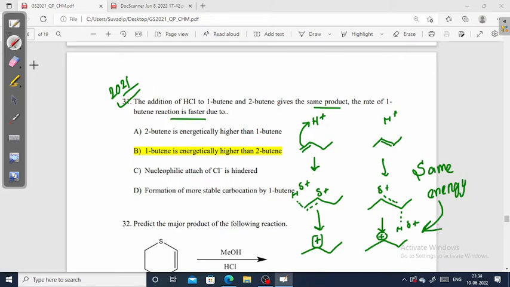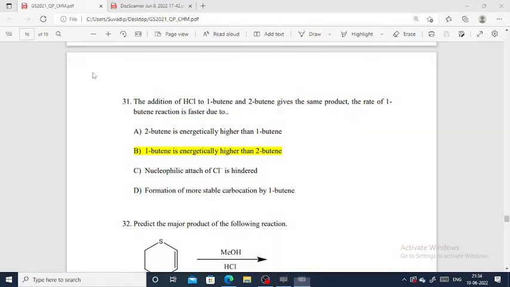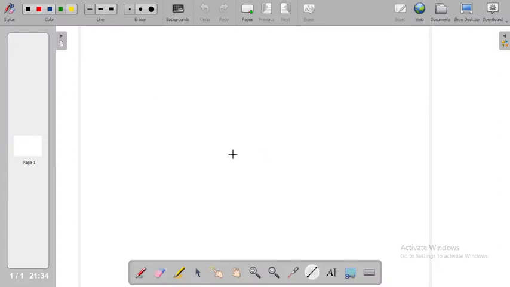Now if we look at the energy profile diagram, what will happen? We have chloride minus as a nucleophile, so these will attack, and after all we get 2-chlorobutane, right? So let's go to the energy profile diagram.